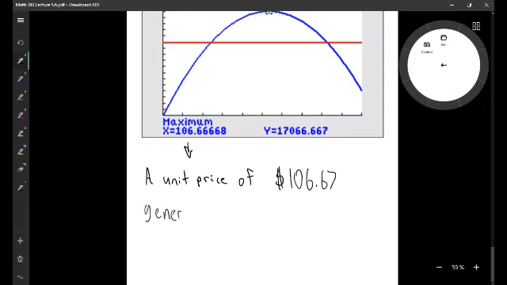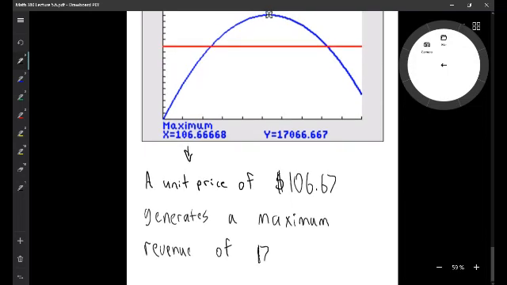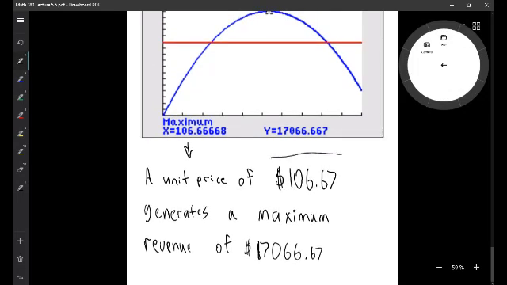So it generates a maximum revenue of $17,066.67. And that concludes this lecture.